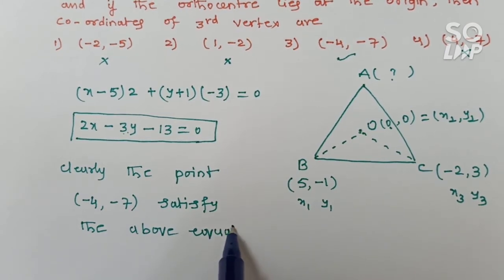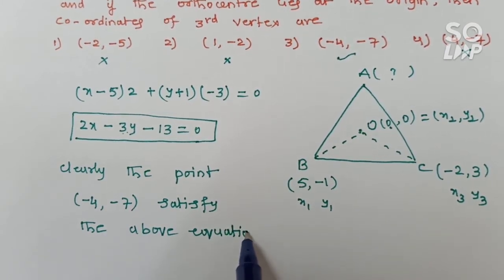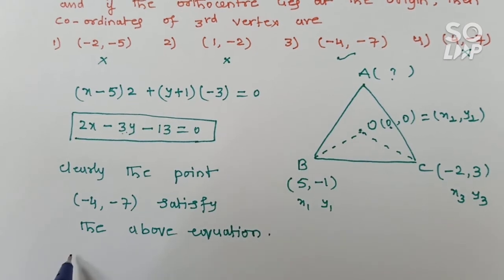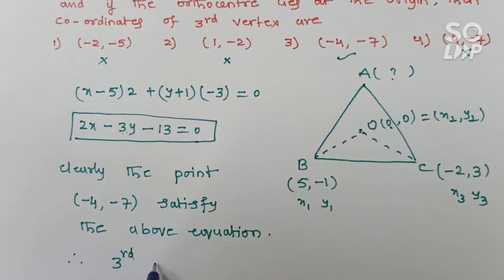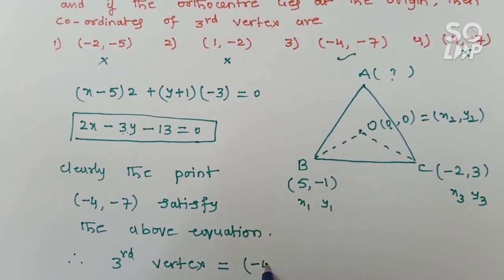Therefore, coordinates of the third vertex is equal to, what is that point? Minus 4 comma minus 7, right?